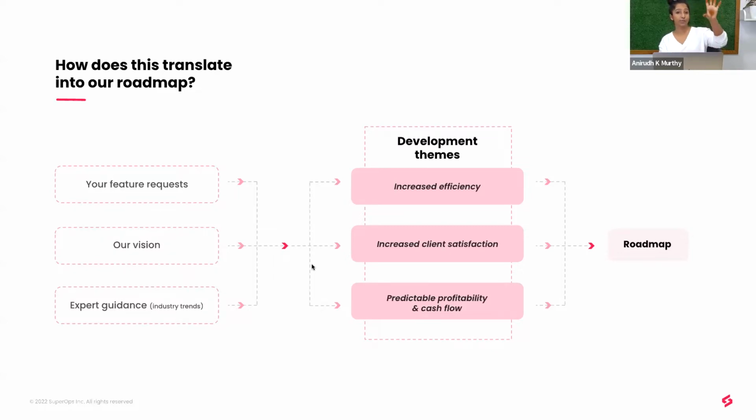Now, with all these put together, our vision, the feature request, and the expert guidance, all of these drive our development themes, which really, if you look at the three of them, increased efficiency, increased client satisfaction, predictable profitability, and cash flow, we see that these three are the burning problems or the driving goals for an MSP.